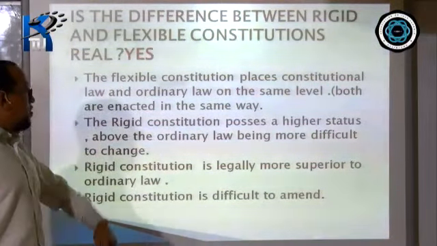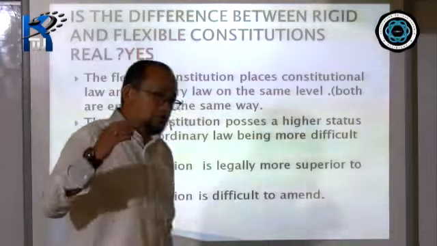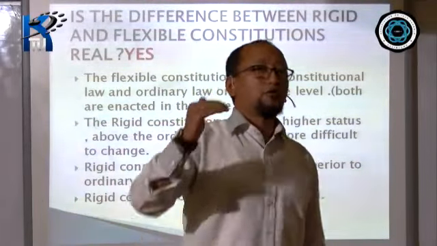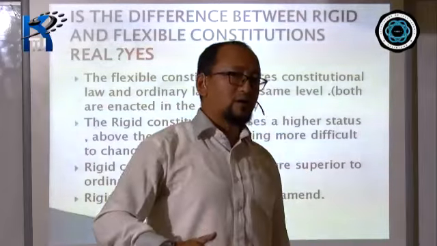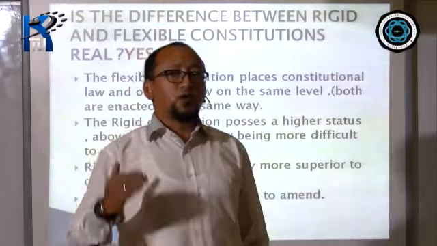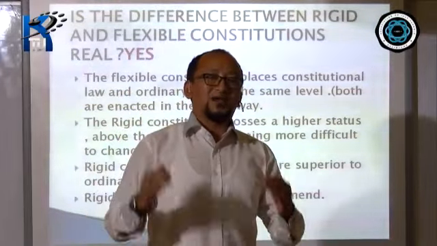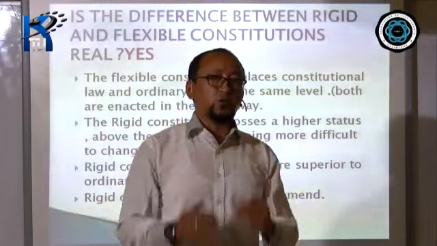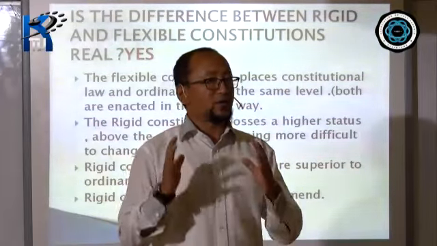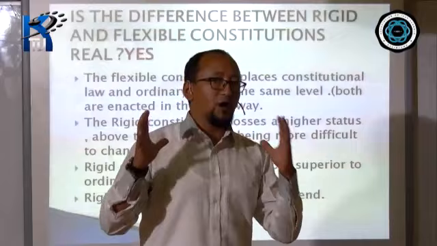On the contrary, rigid constitutions are those which are difficult to amend. I've already referred to the United States of America, which is very difficult to amend. In these kinds of constitutions, they always give a higher status to constitutional law, and it becomes very difficult to amend.